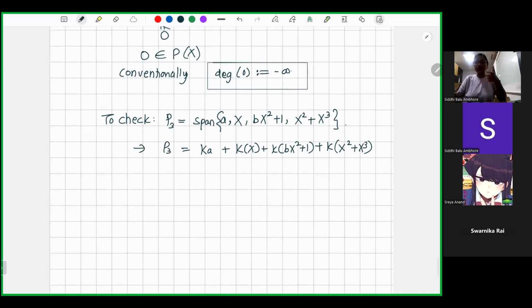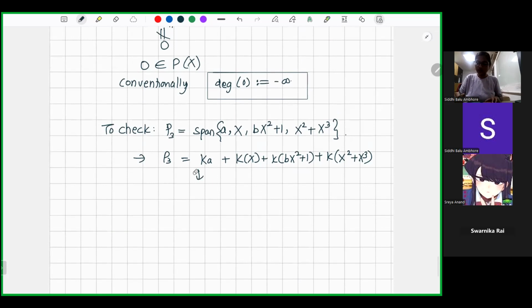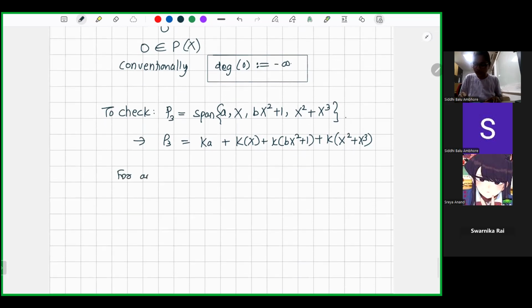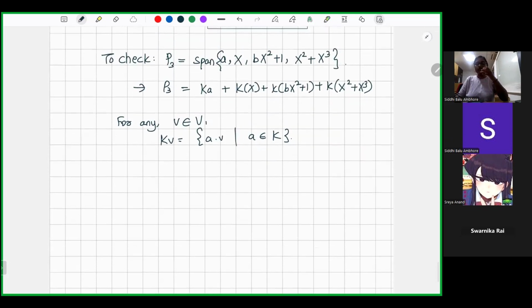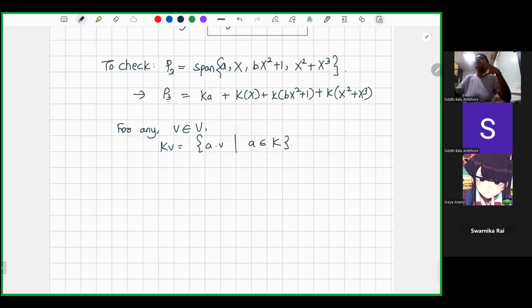And in the first question I told you what this means. For any v in V, this Kv is the collection of all elements a v such that a is in K. This is then the span of this vector v.